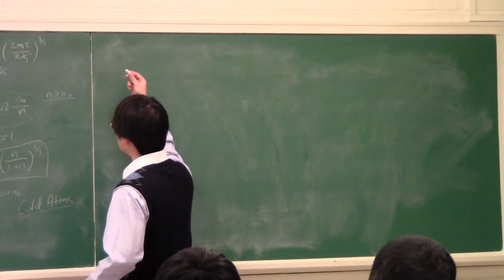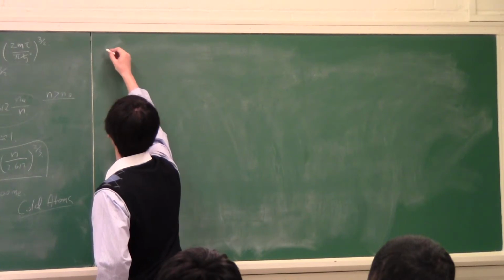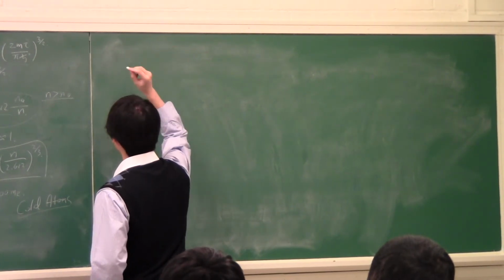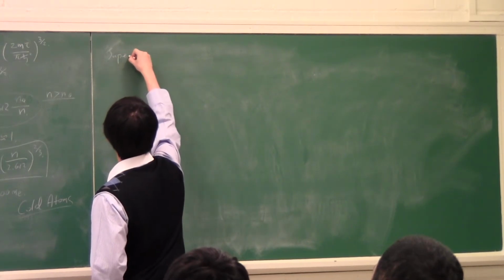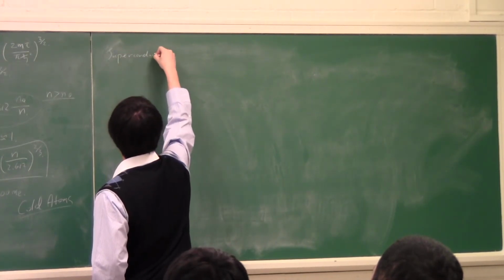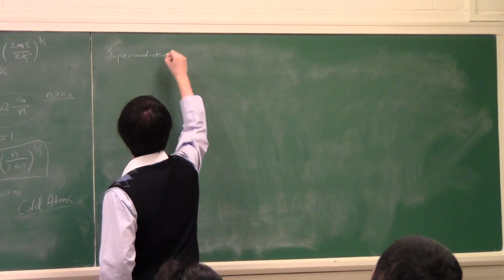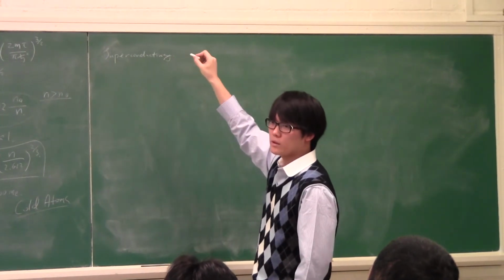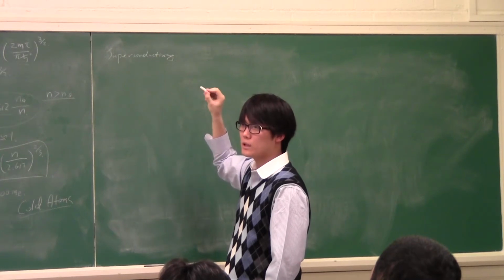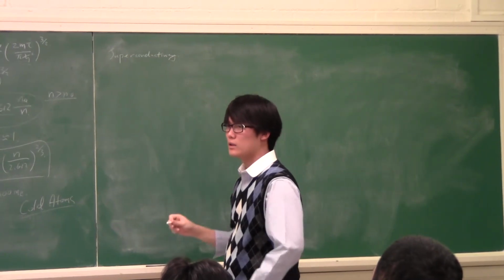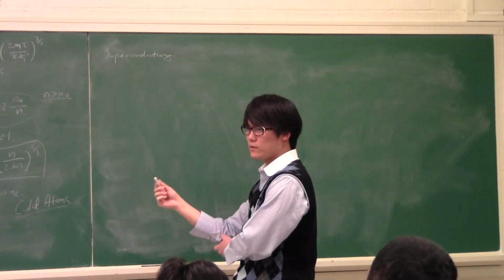That's a brief overview. We can only afford an overview of superconductivity here, so maybe we can talk about it towards the end of the course, if we have time. It's very interesting.